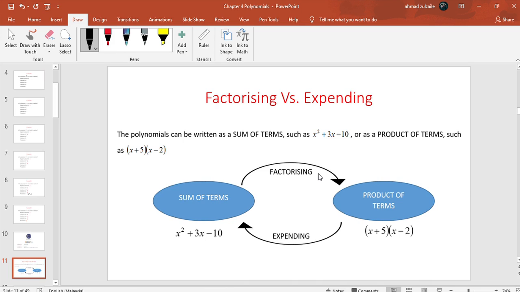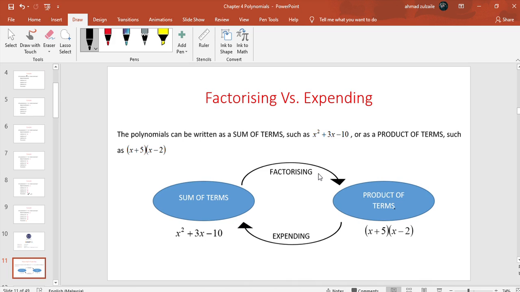So actually, factorizing and expanding is a reverse process. When you go from a product of terms to a sum of terms, we call that expanding. But when you change from the sum of terms to the product of terms, we call that the factorizing process.